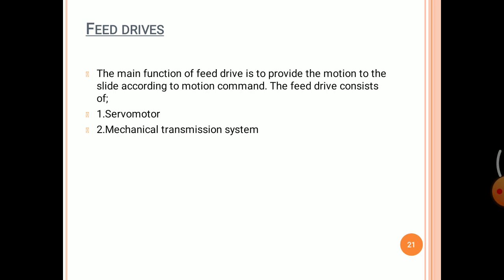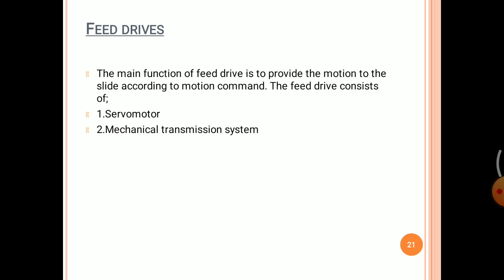That is one of the important features of servo motors: we can control the position and we can control the speed of these motors.